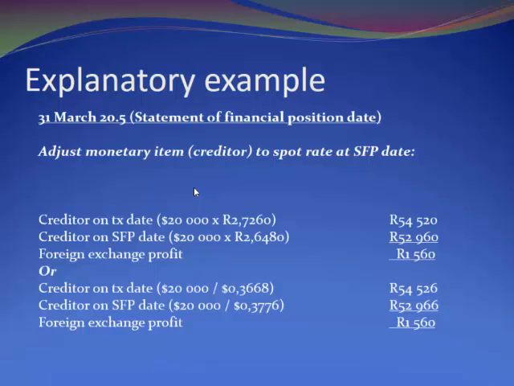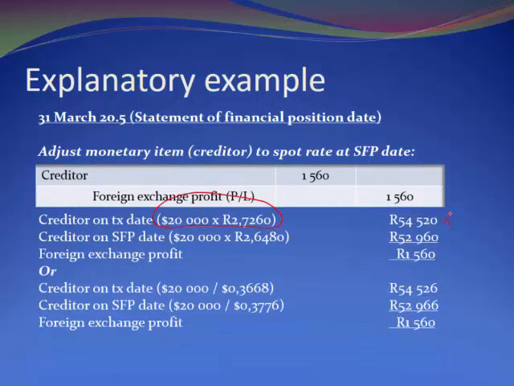So we will start off with a rate that was applicable on transaction date, and we already did that calculation. And then we will calculate the creditor at year end. So we take the spot rate or closing rate at year end, which is the 2.64, and that is the calculation we will make. Now you can just take the difference between the two, and you've got a foreign exchange profit that you made. Why?